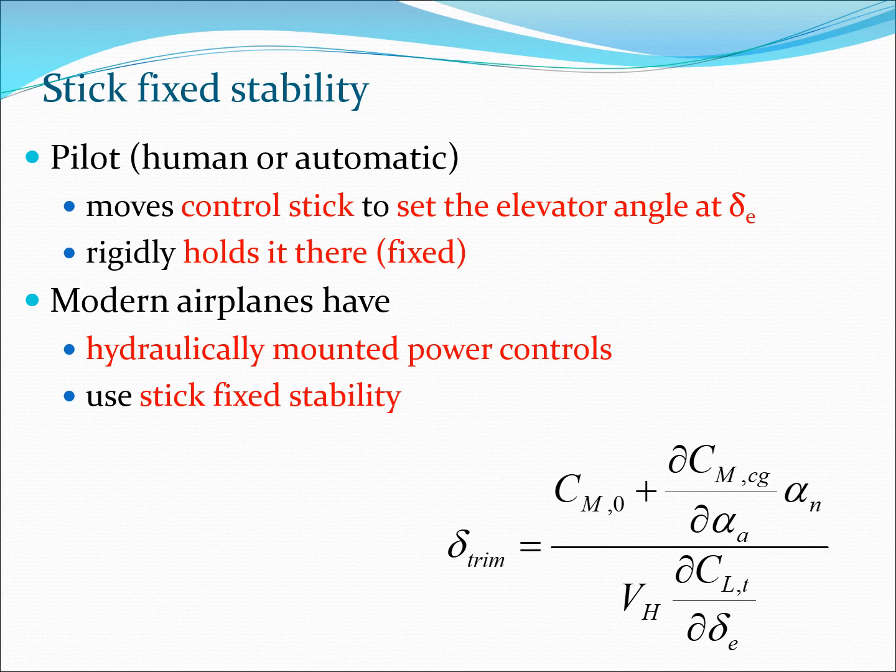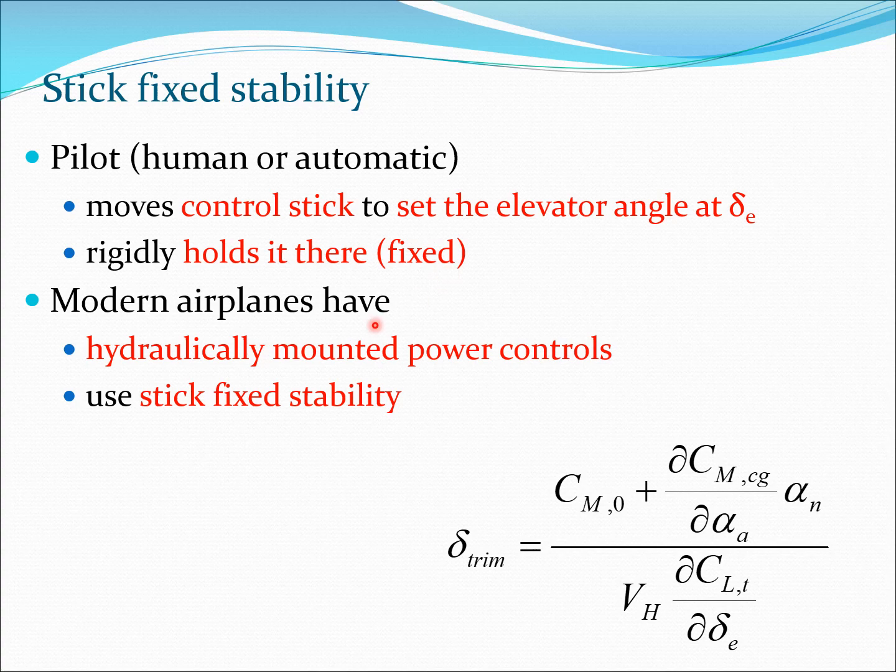Now just to make certain points, what we discussed today is known as fixed stability. So essentially what happens here is that any pilot, this can be a human pilot or it could be just a control system if you are doing some kind of automatic control, what they would do is they would move the control stick so that the elevator angle is set at some value delta E and then simply hold this value at delta E. So this means that they rigidly hold the stick at this point and therefore the stick is supposed to be fixed.